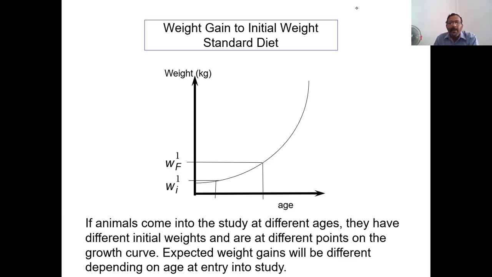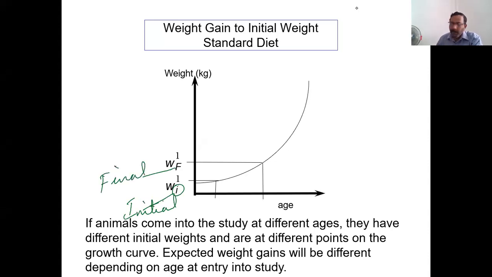This is the initial weight, don't forget. Now, what is the weight gain for this particular difference? The weight gain can be said to be WF minus Wi. So this is the initial weight, and this is final.